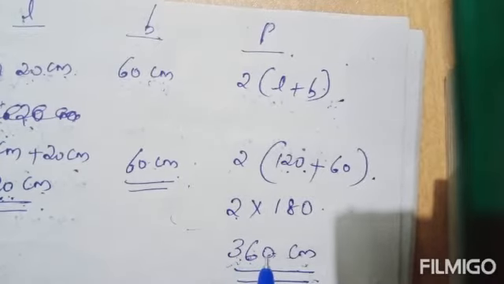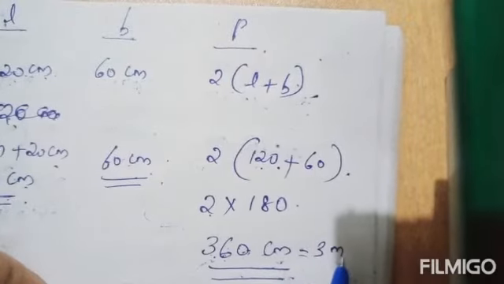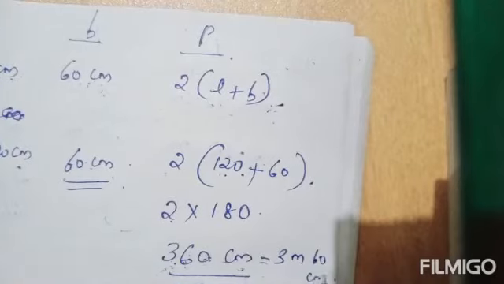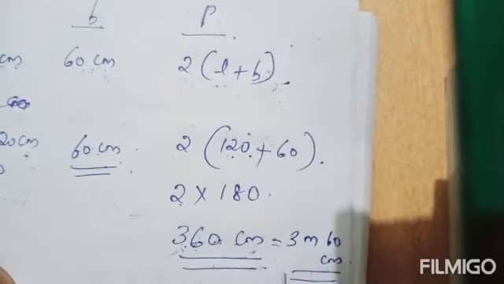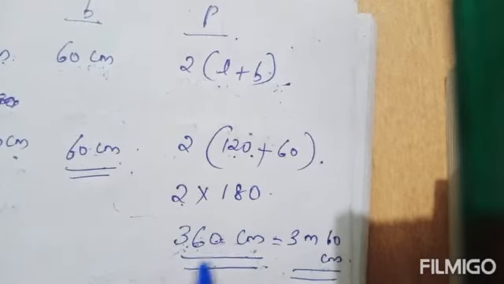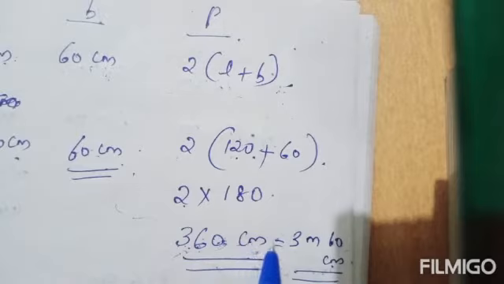So 360 centimeter it is 3 meter and 60 centimeter. Okay, in this way also you can write your answer. 360 centimeter, last two digits always will be centimeter. Remaining digit will be meter. So 360 centimeter it is 3 meter 60 centimeter.